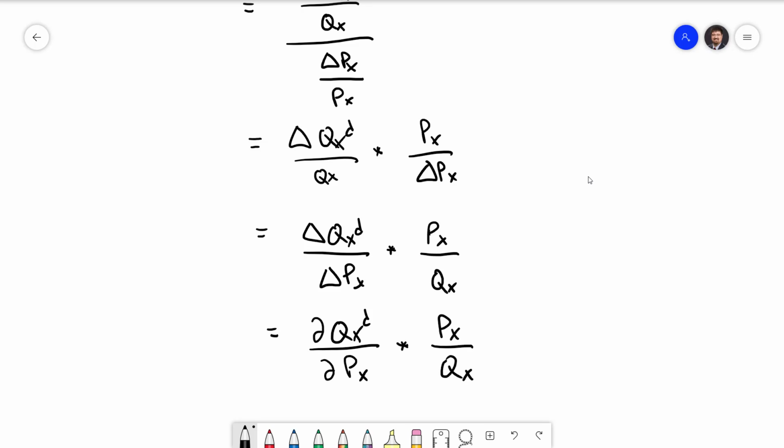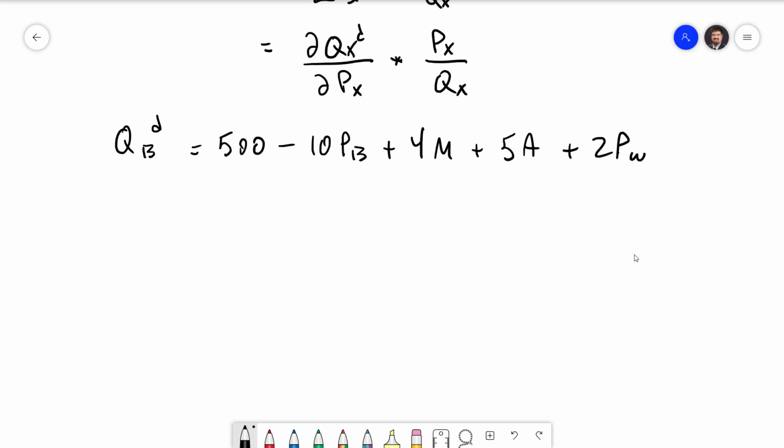And this is the definition that we are going to use to calculate elasticity from our demand functions. Remember to use the curly d's for partial derivatives here. Note now that px and qx are always positive numbers. It's impossible to have a negative price or quantity, and the derivative with respect to price is always going to be negative. That's the law of demand, which means that our overall price elasticity always has to be negative.